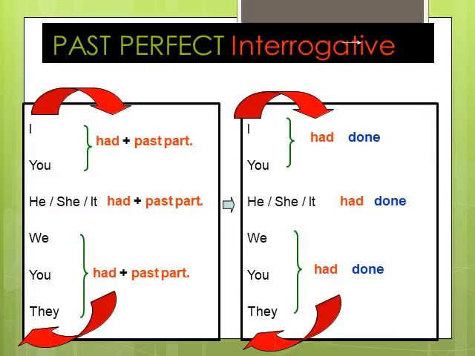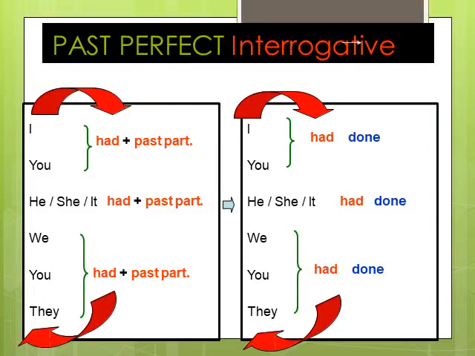But in a yes or no question, we will start with had plus the subject. Let's read. Had I or had you plus past participle of the verb. Had he or she or it plus the past participle of the verb. Had we or you or they plus the past participle of the verb.